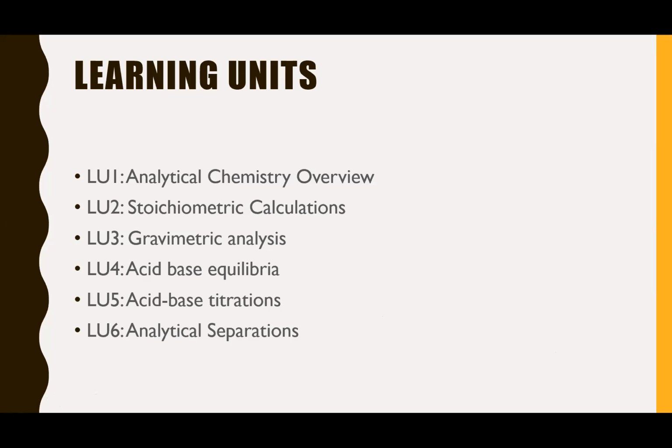So these are the 6 learning units in this course. First, we are going to learn some overview on analytical chemistry, which we are going to do today. And the next one, learning unit 2, we are going to learn about stoichiometric calculations, LU3 gravimetric analysis, LU4 acid-base equilibria, LU5 acid-base titrations, LU6 analytical separations.